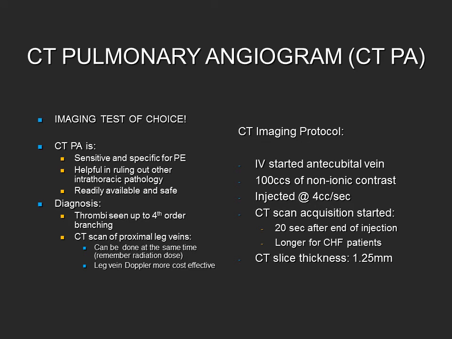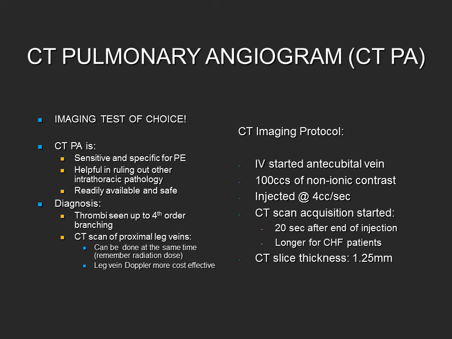CT pulmonary angiogram has become the imaging modality of choice when suspecting PE. Spiral CT scan with intravenous contrast is both sensitive and specific for PE, helpful in ruling out other intrathoracic pathology, readily available, and safe.